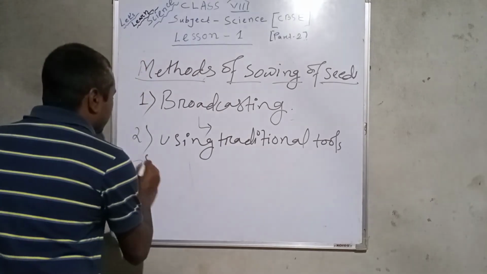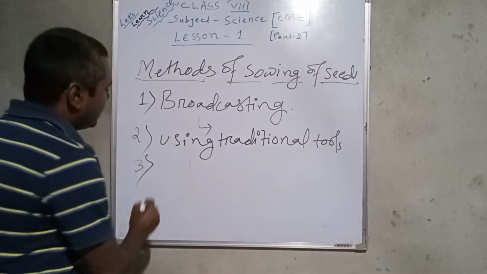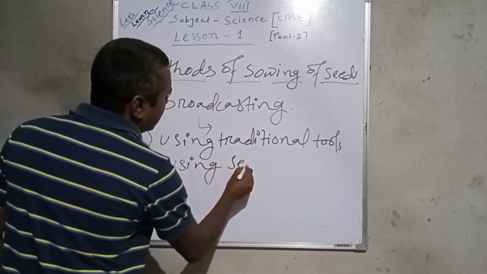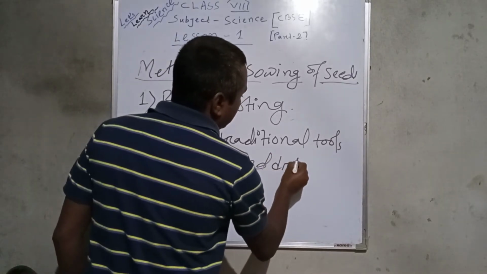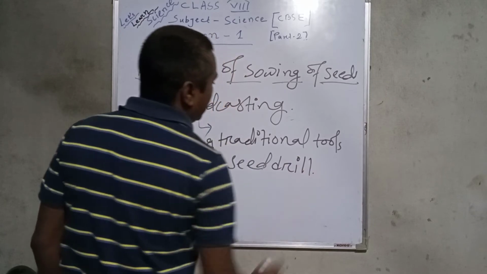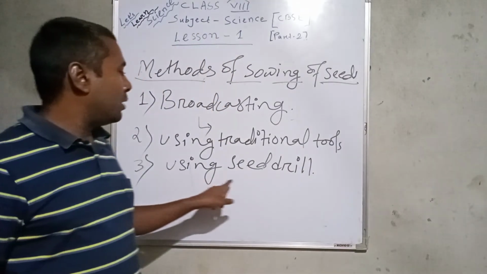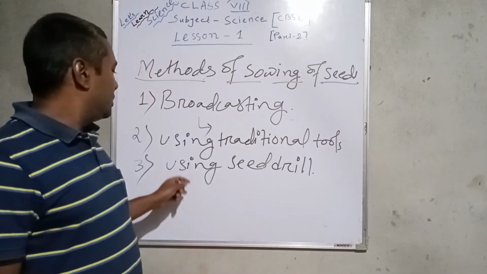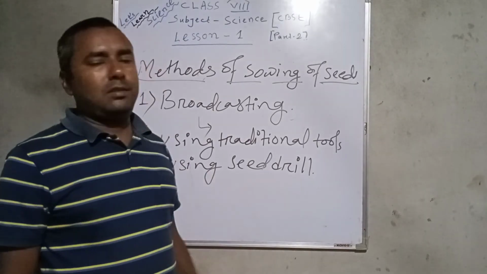Third number is using seed drill. This is the modern method of sowing seed. So which one is the modern method of sowing seed? Using seed drill.